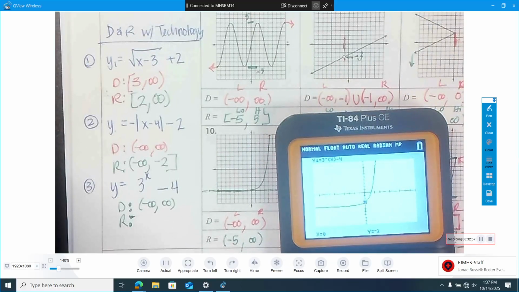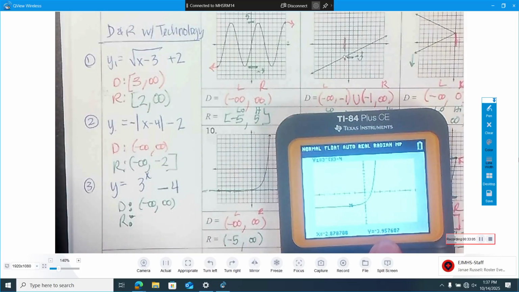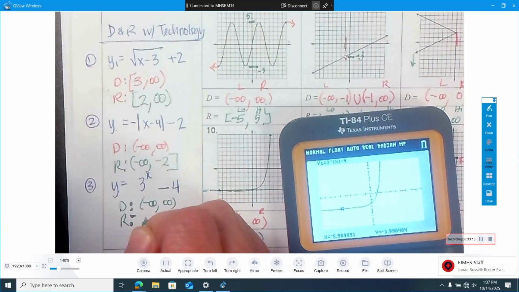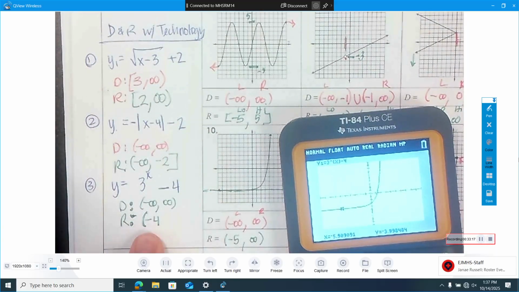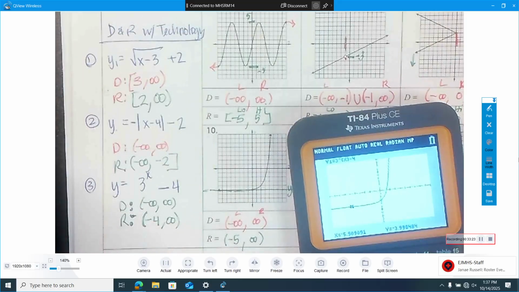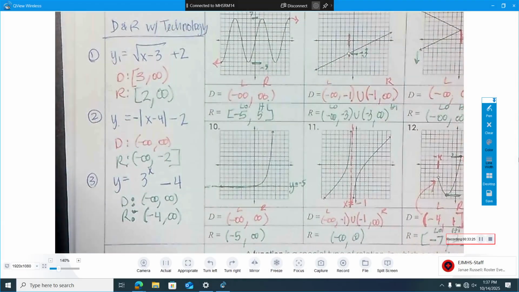I'm going to press trace, and you can see as I'm moving down the curve to the left, my Y values are getting closer and closer to, but it won't be able to get there. So our lowest Y value is -4, but we cannot actually get there. It's going to be a parenthesis. And then how high does it go? Infinity. Okay. All right, questions on that stuff?